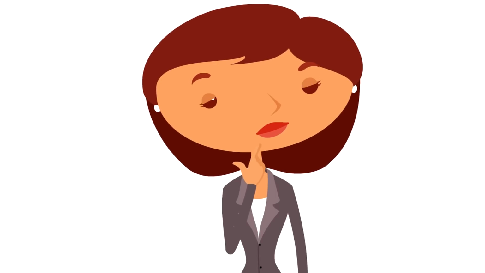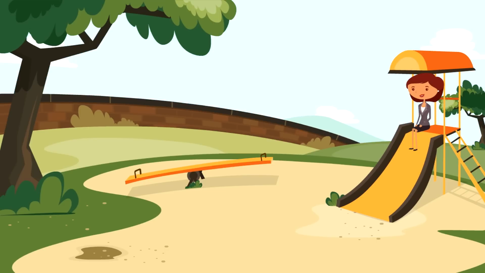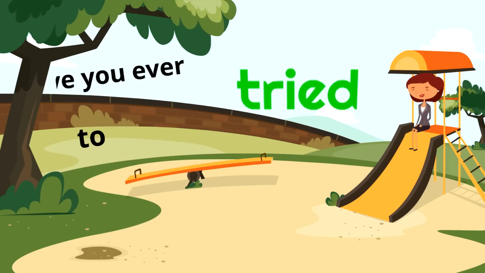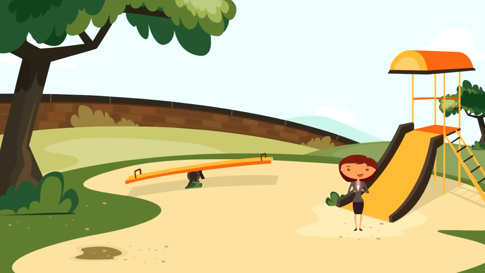Okay, let's see. I'm going to teach about rhyming. The park is so much fun. You know what else is fun? Is using rhyming words while you're at the park. Like this. Have you ever tried to glide down the slide? It's like a game. Whee!